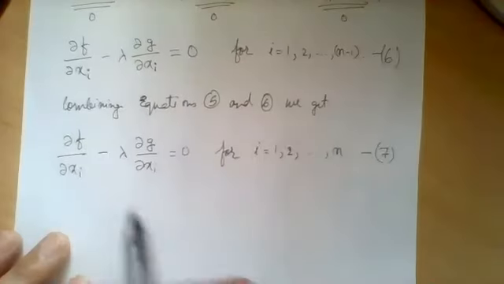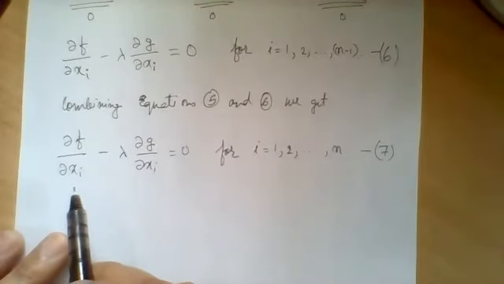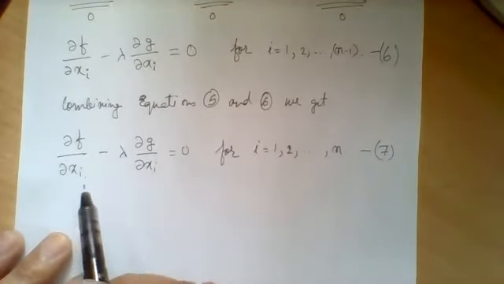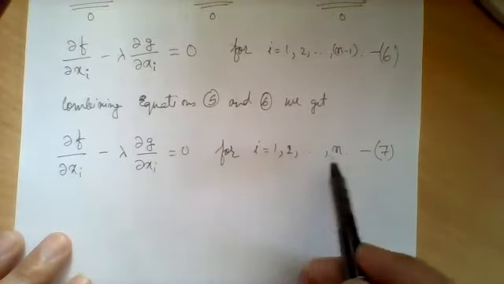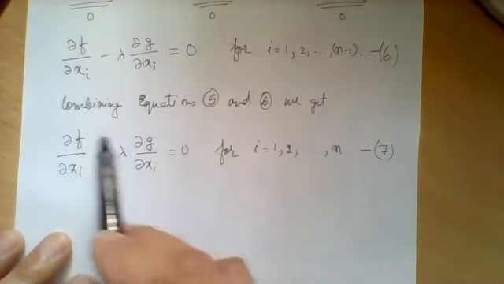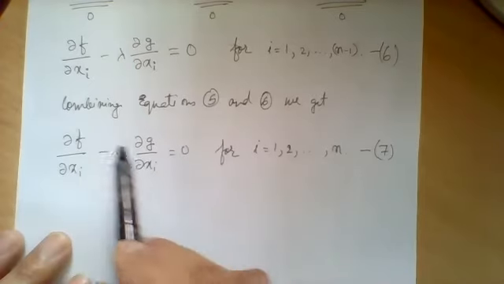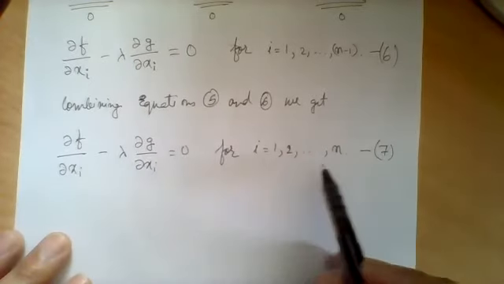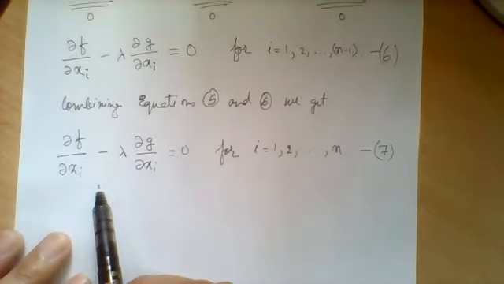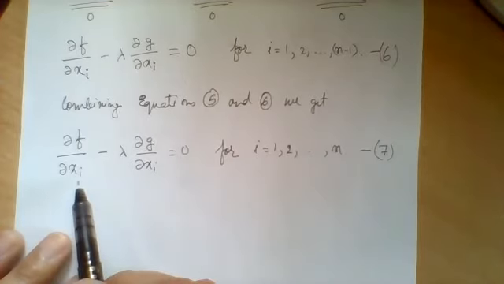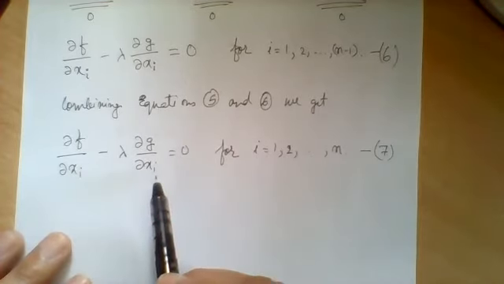Thus, the final result is that i can go from 1 to n. These are n number of equations, starting from i equal to 1 to i equal to n.